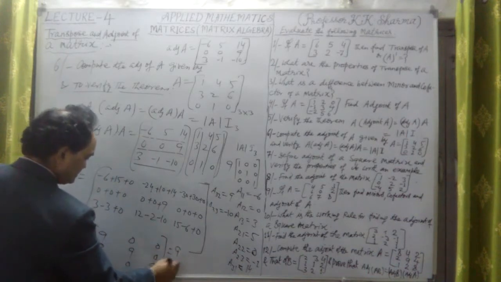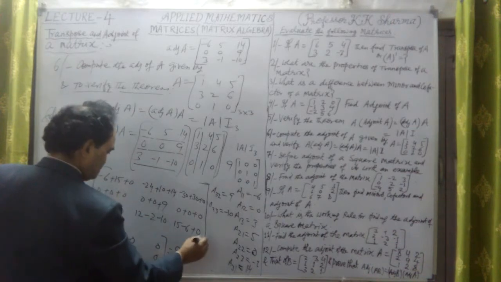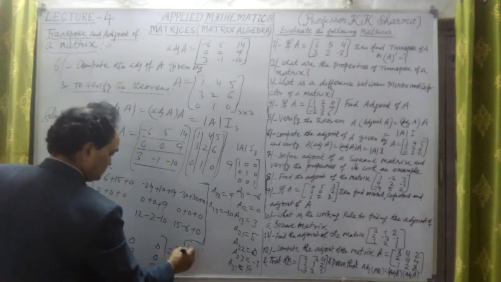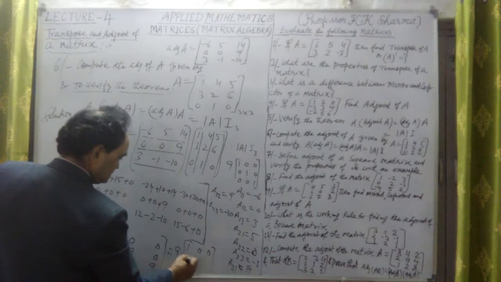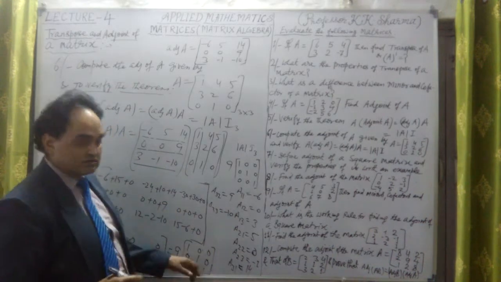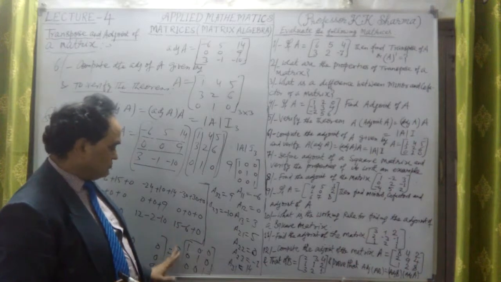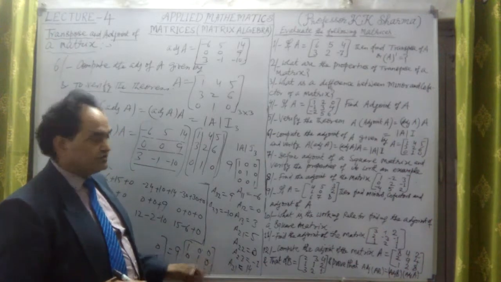What we see here is 9 into the identity matrix, which is 1, 0, 0, 0, 1, 0, 0, 0, 1. So it is the identity matrix multiplied by the determinant value of A: determinant of A into I, the identity matrix I3.